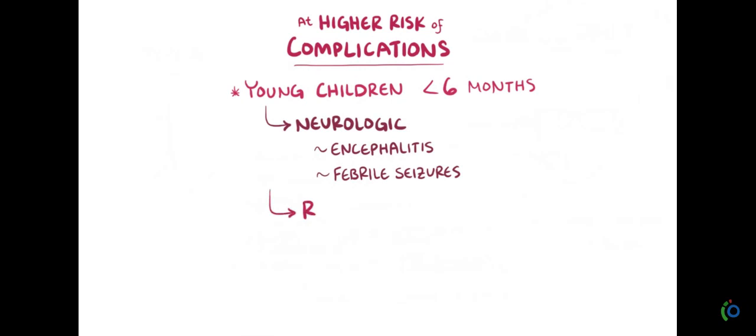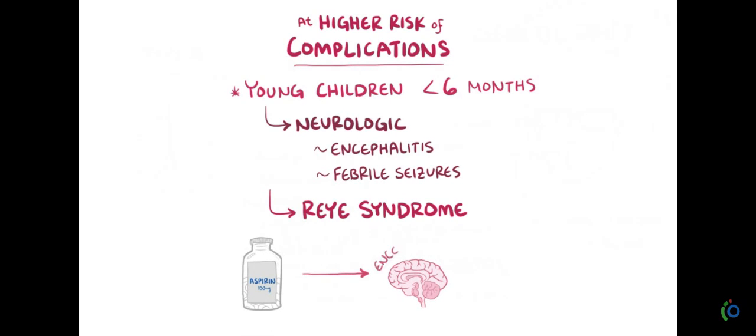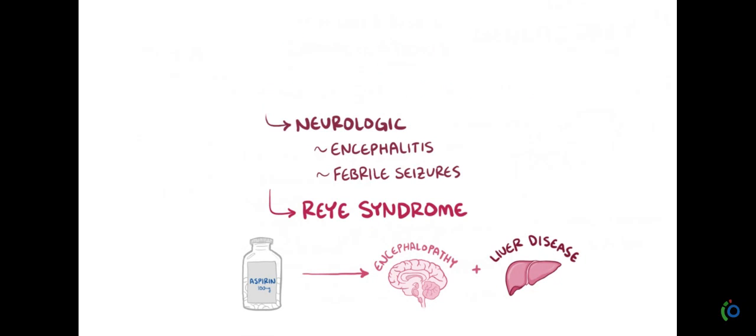One unique complication is Reye syndrome, which is a condition where after taking aspirin while fighting off a viral infection like the flu, a child develops encephalopathy and liver disease. Although less common, all of these complications can also happen in previously healthy individuals as well.